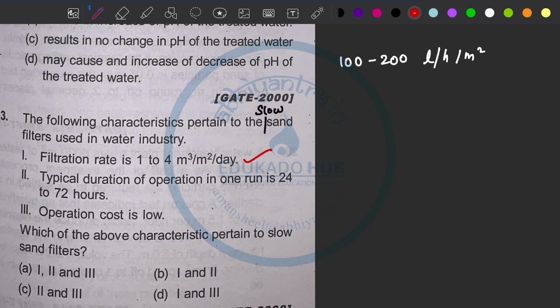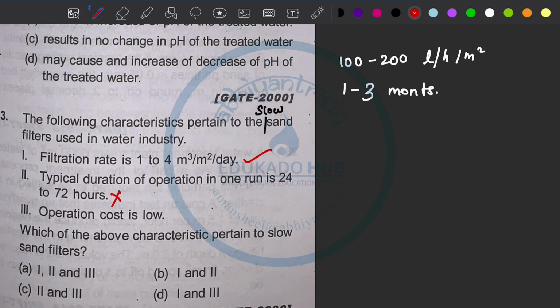Now typical duration of operation in one run is 24 hours to 72 hours. After that it needs cleaning. This is the meaning of the second option. The frequency of cleaning of a slow sand filter is approximately 1 to 3 months. Hence the statement 2 is not correct.